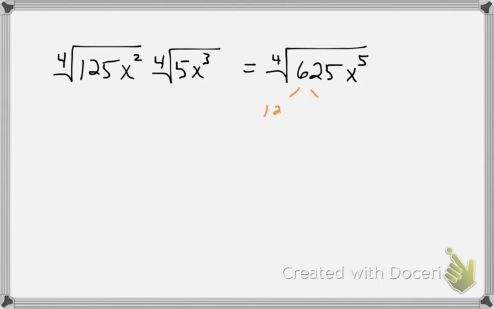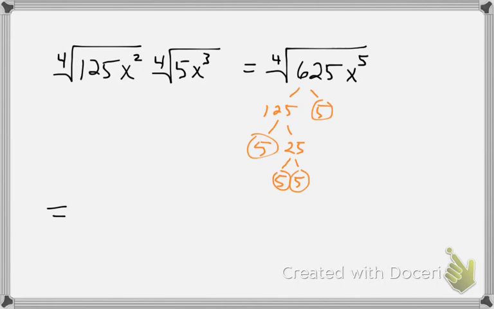Well, if nothing else, you know that breaks down into 125 times 5, which breaks down into 5 times 25, which breaks down into 5 times 5. What do I need to cancel a 4th root? 4th power.